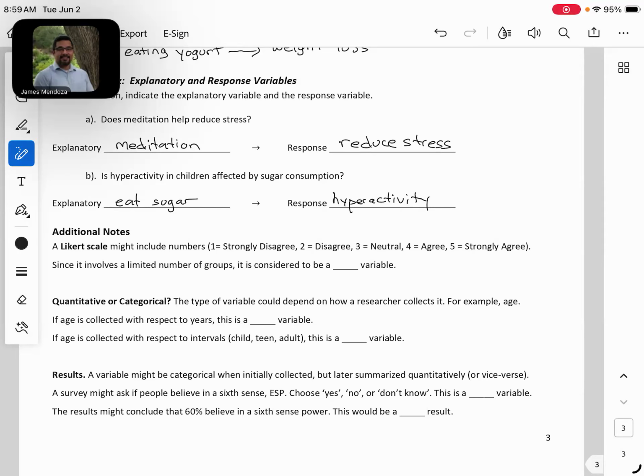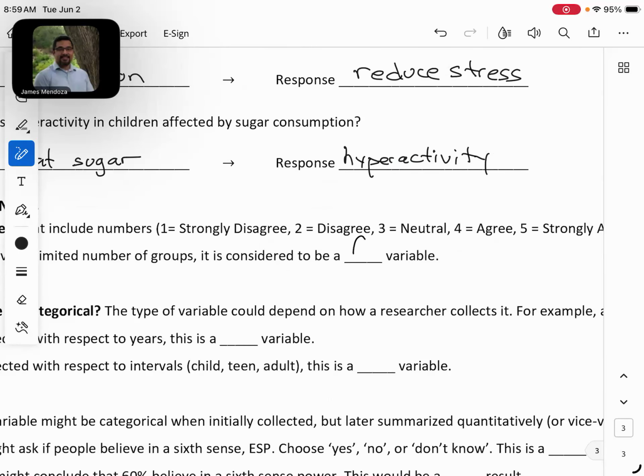Is this something that's categorical? Is this something that's quantitative? I think some of us are going to look at this and think, oh, this is quantitative because you can see the numbers. But there are some who put Likert scales into categorical because it's only a limited number of groups.